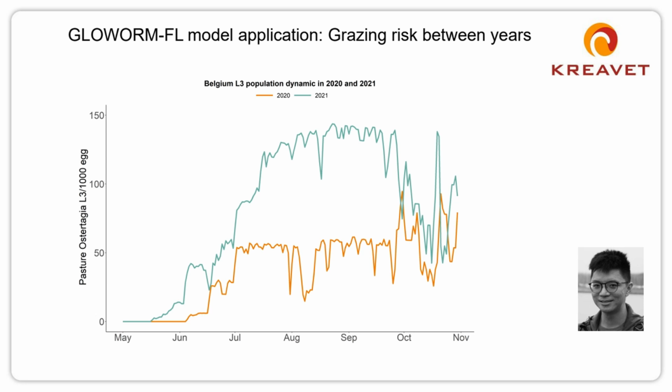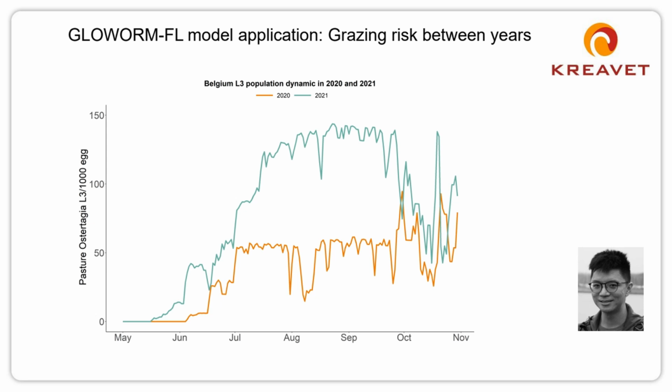Here is an example that has been worked out using the GLOWORM-FL model by my colleague Tom Wang, where he modeled expected pasture larval contamination in Belgium based on the meteorological conditions of 2 different years. 2020 was a very exceptional, very dry year with low rainfall, while 2021 was more normal or even with high rainfall.